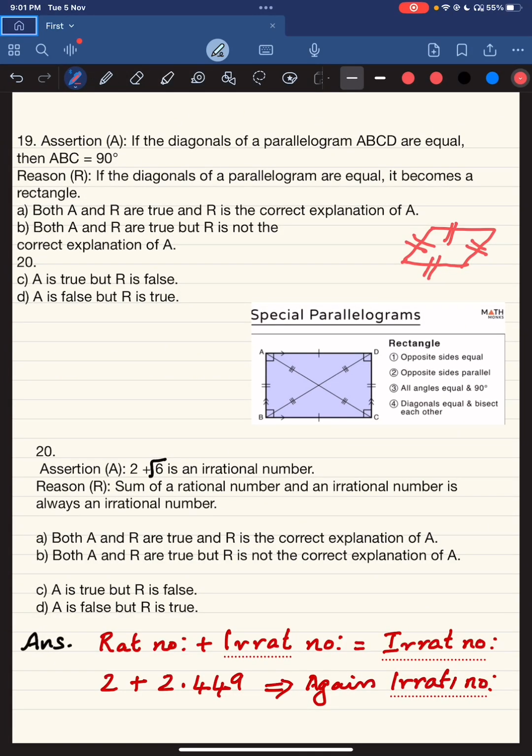And here they given, if the diagonals of a parallelogram are equal. Actually, the diagonals of a parallelogram are not equal, but we know there are special types of parallelogram also, right? Rhombus, rectangle, square. You also study the properties of special parallelograms. So from those properties, we can find the answer.